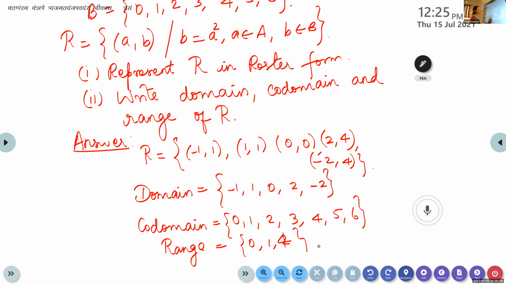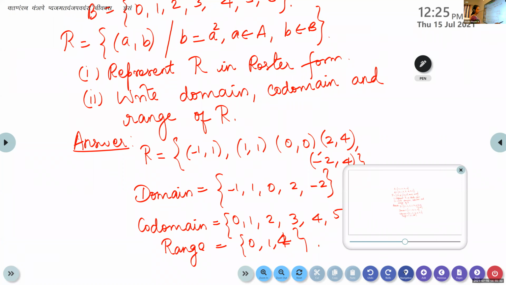So now, write the next one. Here, we have to note one important point. Range will be a subset of codomain. Write it in a box.